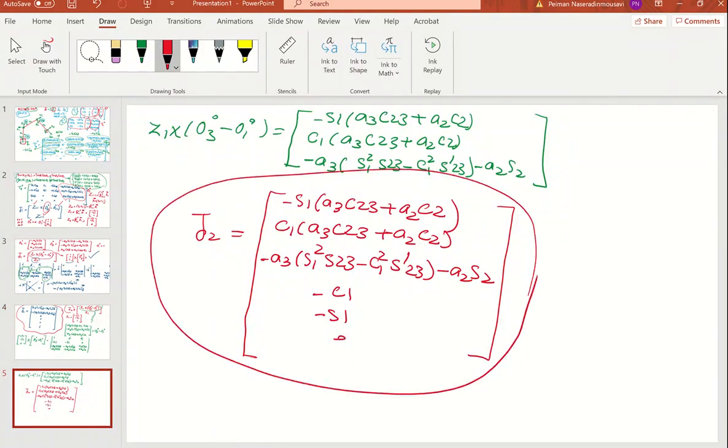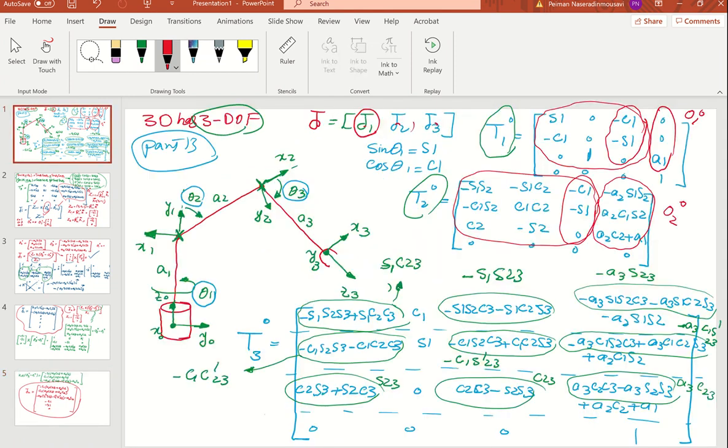Bingo, we calculated j2. Right, now we have to replace it where? Replace it here to get the Jacobian matrix of this 3D graph number 1. Now j3.